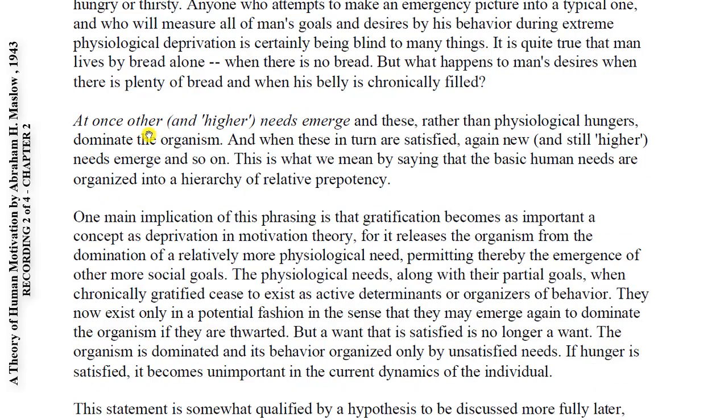At once other, and "higher," needs emerge, and these, rather than physiological hungers, dominate the organism. And when these in turn are satisfied, again new, still "higher" needs emerge, and so on. This is what we mean by saying that the basic human needs are organized into a hierarchy of relative prepotency.